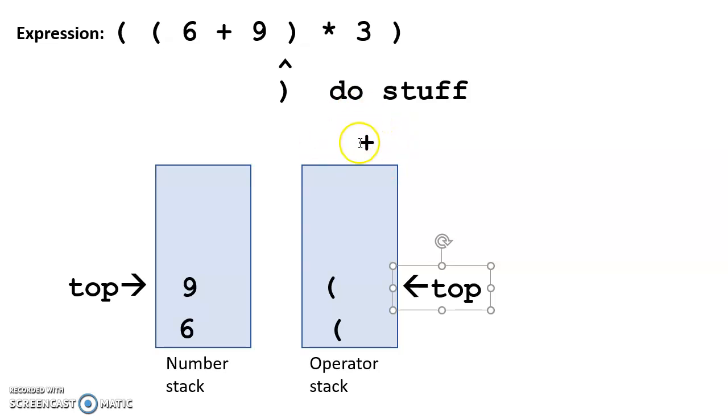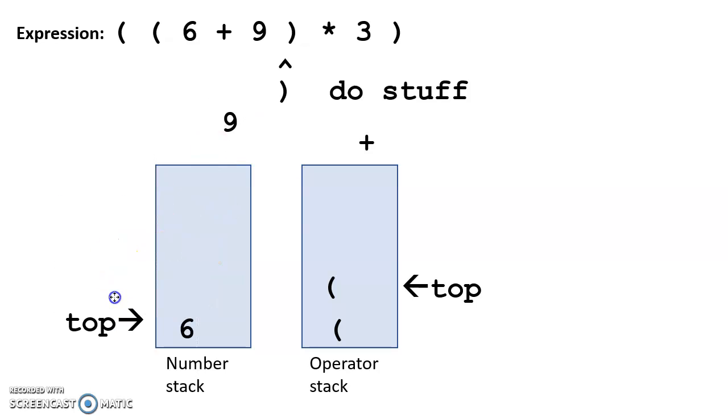Since this is a binary operator, meaning it needs something to the left and something to the right, I need to get two numbers from the number stack. So I will pop one of the numbers off. I will pop the other number off. So I popped off those two numbers, and we'll actually carry out the math.